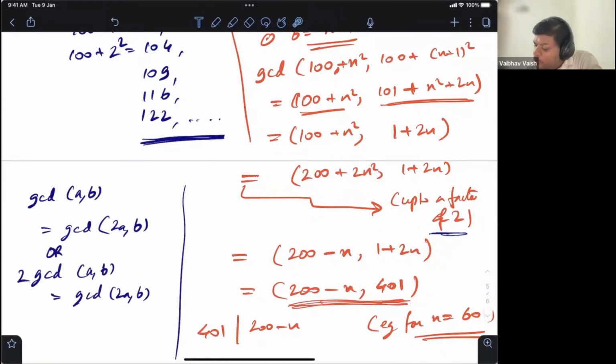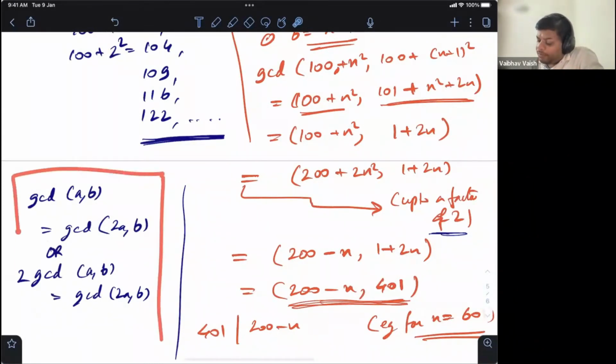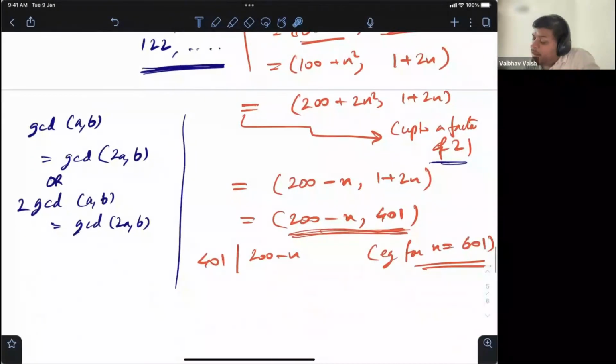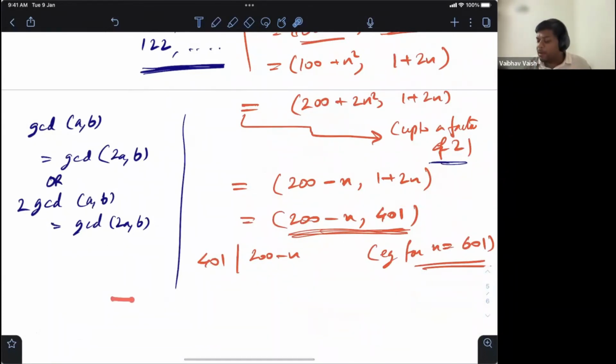It is the highest common factor, right? So when you compute GCD of 2A comma B, either this 2 does not change the GCD at all, or it has introduced one extra 2 in the factor. That's all it can do. So this is what I'm using. When I say up to a factor of 2, this is what I mean. And I do it so that in the next step, I can go on with this computation.